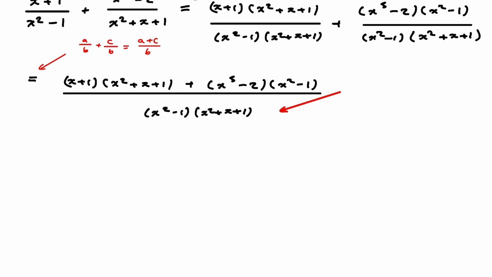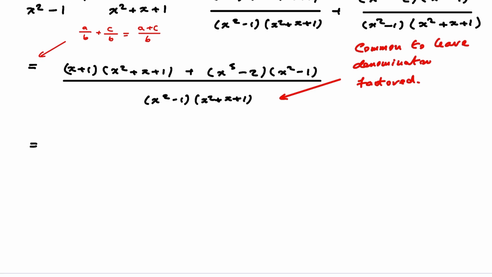Sometimes having a factored denominator could be really useful, so don't think you always have to multiply out the denominator. I'm not going to do it here. I'm going to multiply everything out.